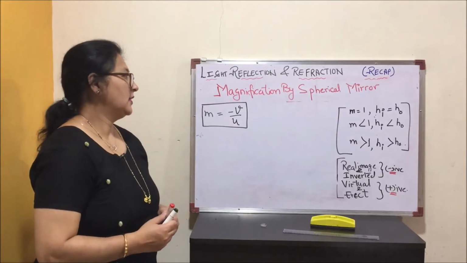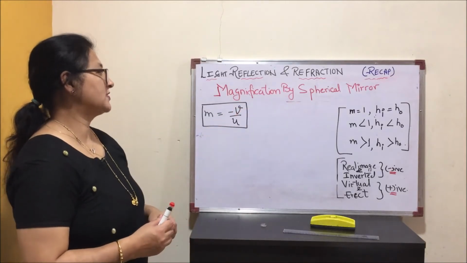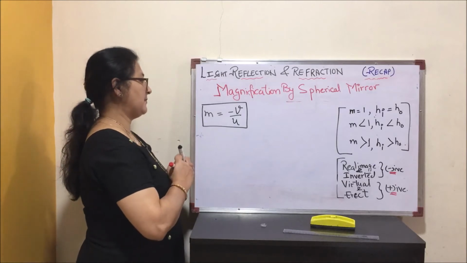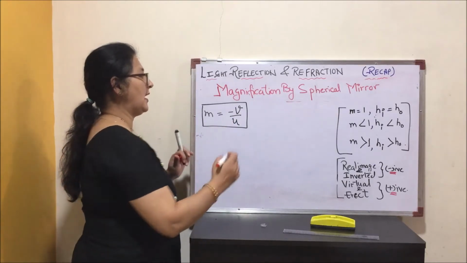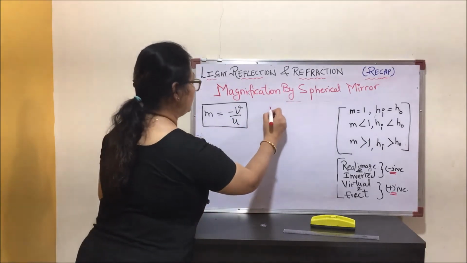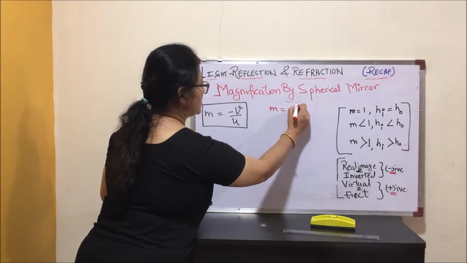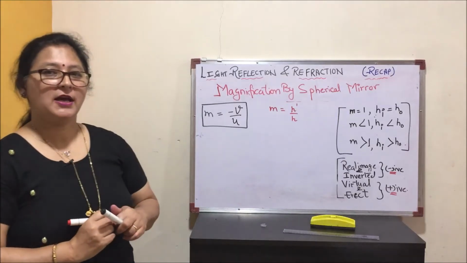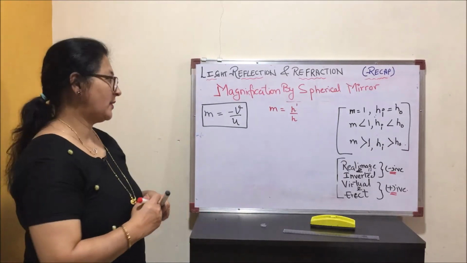So student, regarding the magnification of spherical image, we have two formulas. One is m is equal to minus v upon u, and the other one is m is equal to h dash upon h, where h dash is height of an image upon height of an object, right?